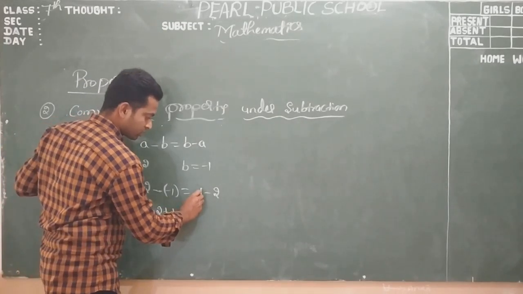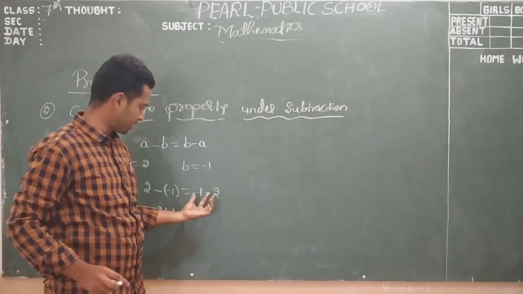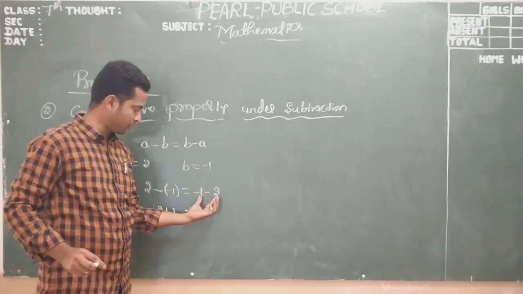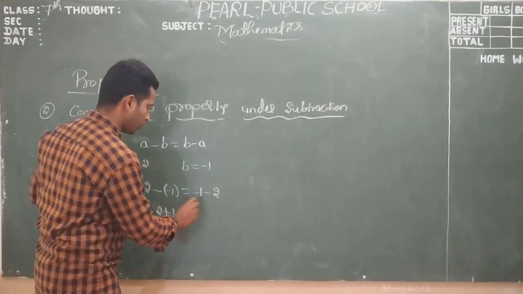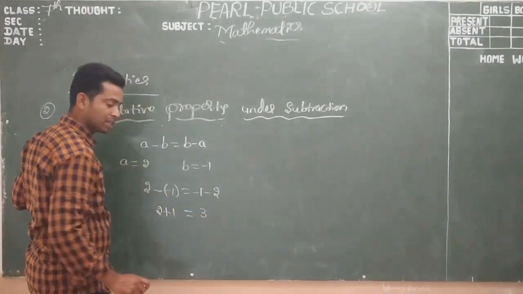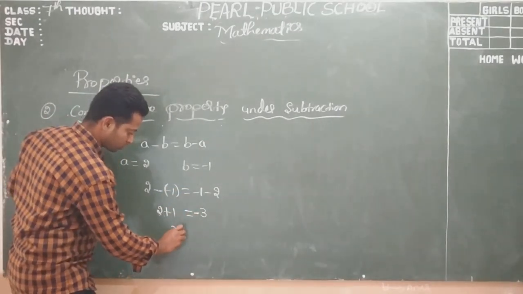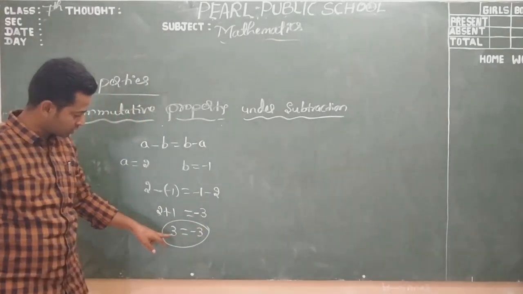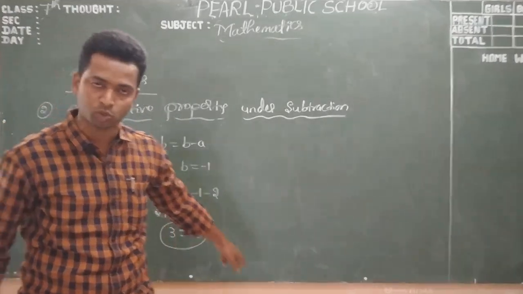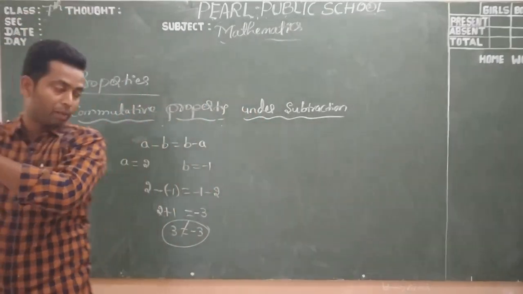If we have like signs or the same signs, at that time we have to add those two integers. 1 plus 2 is 3, and we place the bigger number's sign, so 3. And b minus a is minus 3. So is it right that 3 is equal to minus 3? Not equal. 3 is not equal to minus 3.